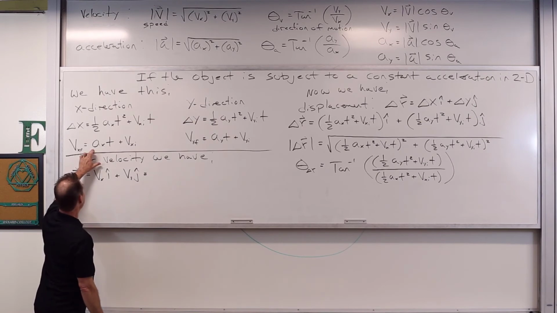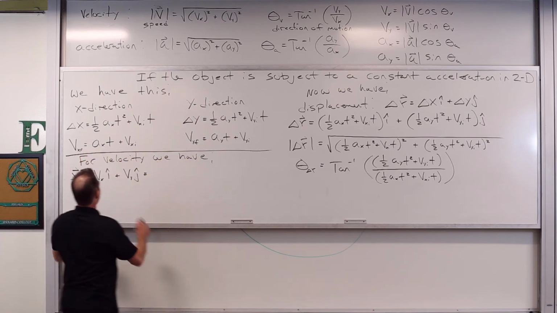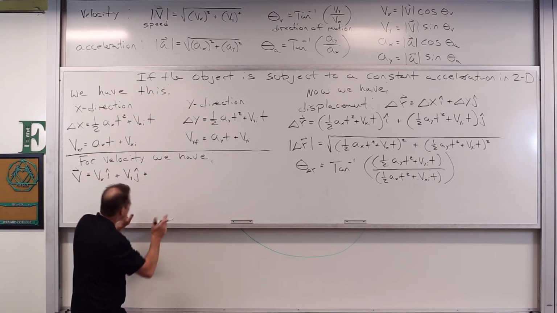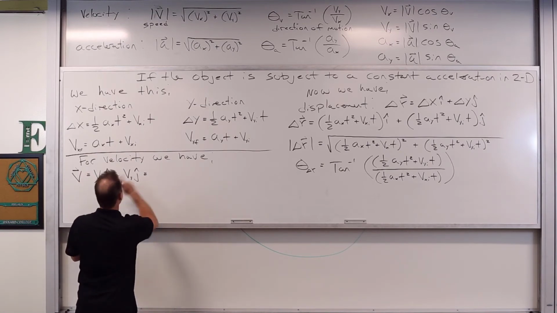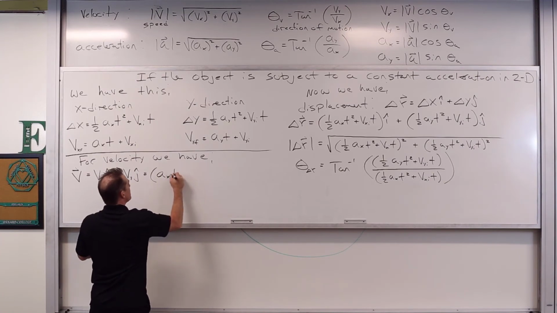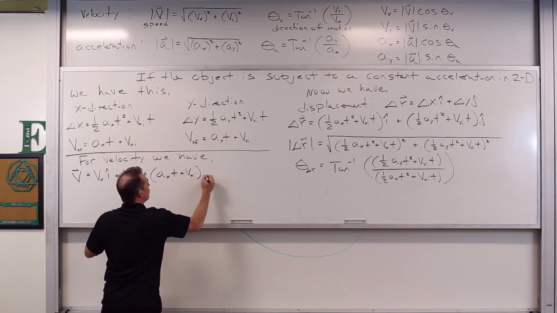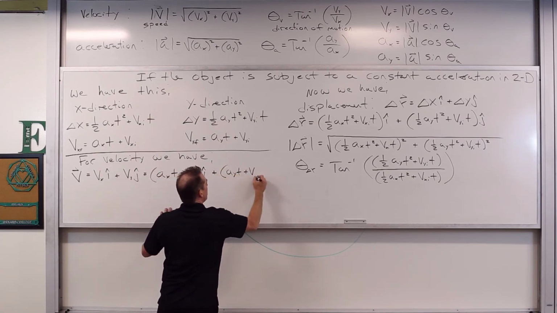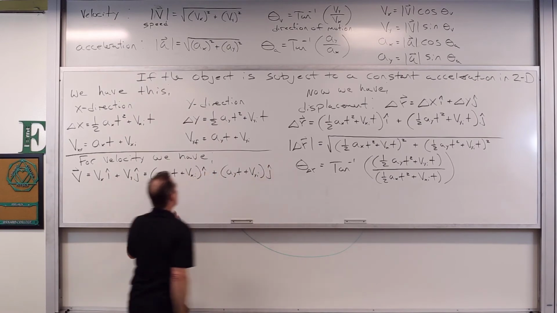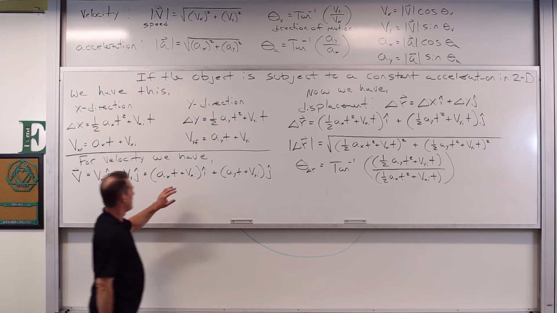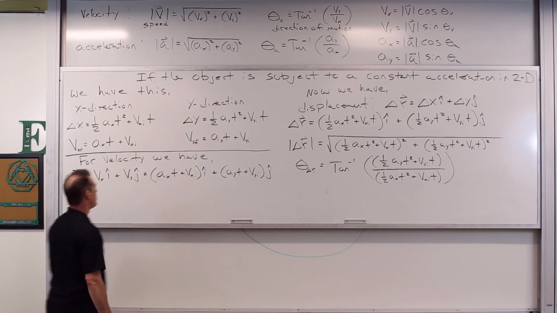V sub x is this, v sub y is this. I'm leaving the finals off just because that makes it seem like it's at a specific time. Really doesn't matter, but just note that. This expands out into a x t plus v x initial, i hat, plus a y t plus v y initial, j hat. There's the total velocity vector written in unit vector notation.